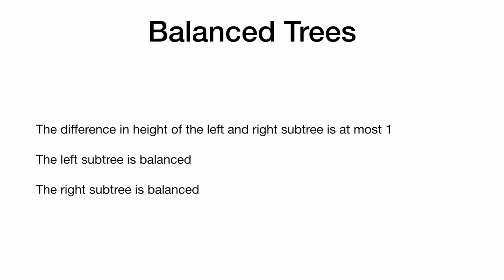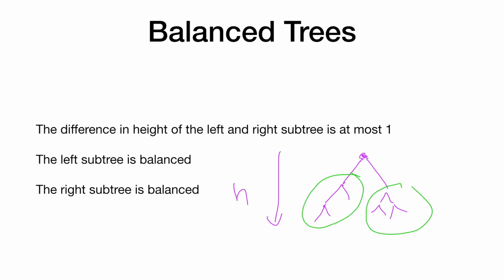So a balanced tree is one where the left subtree, right? So we have our node, our root, and it has some tree, and maybe it's that, right? This tree has some height, h. And the induced subtree, so the subtree on the left and the subtree on the right, each also have a height.